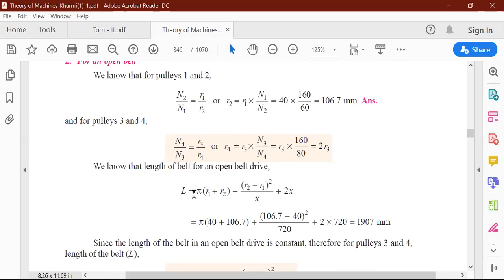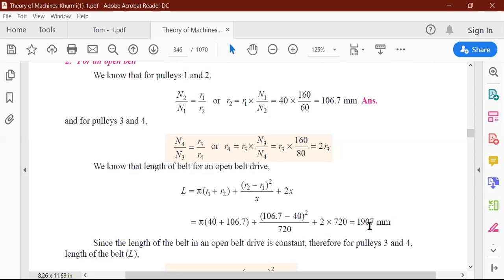So that's why here that formula is converted in the form of radius: r1 plus r2 plus bracket r2 minus r1 bracket square divided by x plus twice x. Okay. So this is your formula for open belt in form of radius. Then see, we can put the values: pi, r1 40, r2 106.7, again 106.7 minus 40 bracket square divided by 720 plus 2 into 720.